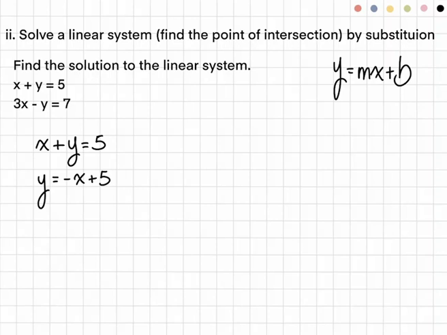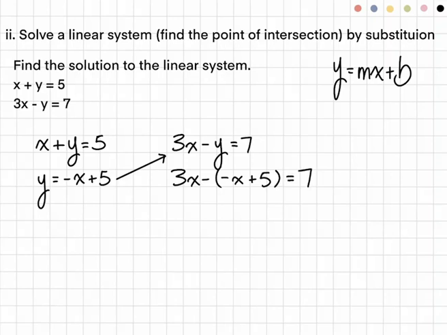Now what I can do is, into my second equation, I can substitute this information to solve for x. So what that's going to look like is 3x minus negative x plus 5 equals 7.